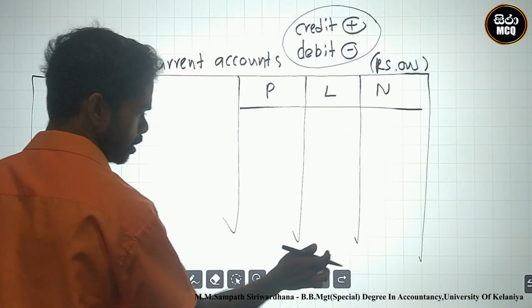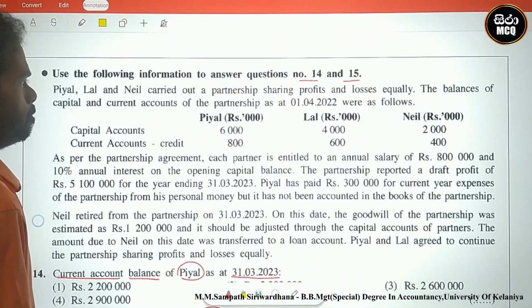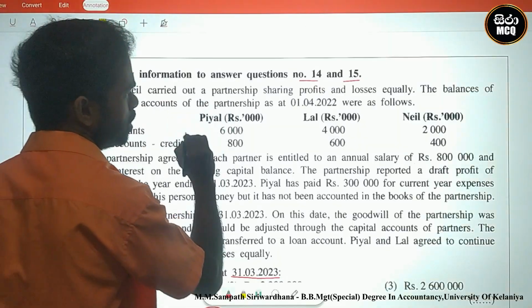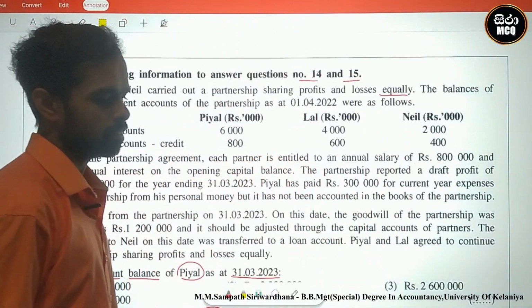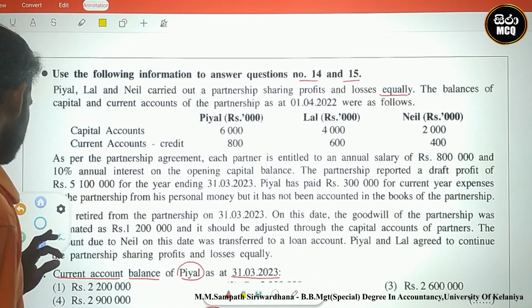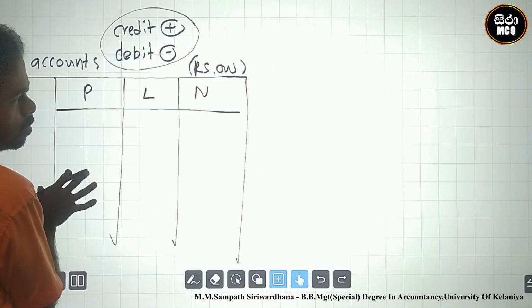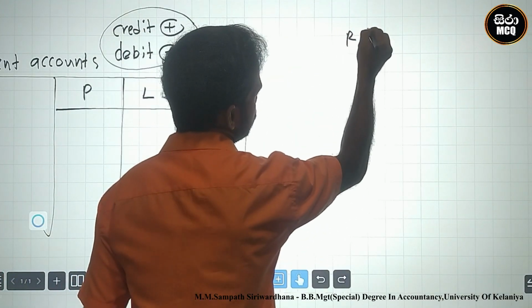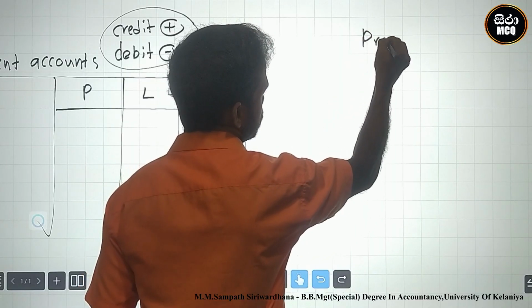Let's see the question. Neil carries on the partnership sharing profits or losses equally. This is profit or loss equally, which means there is a profit or loss ratio.